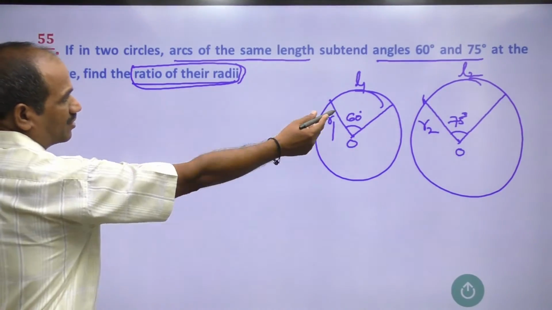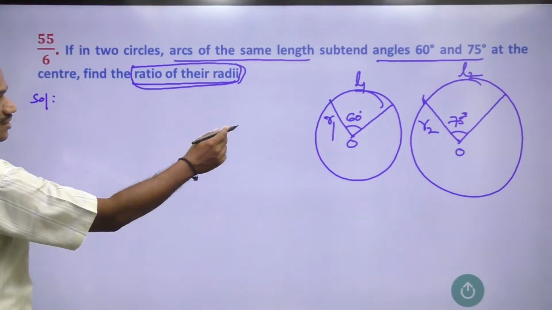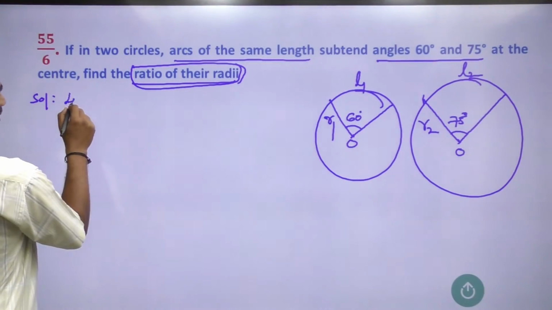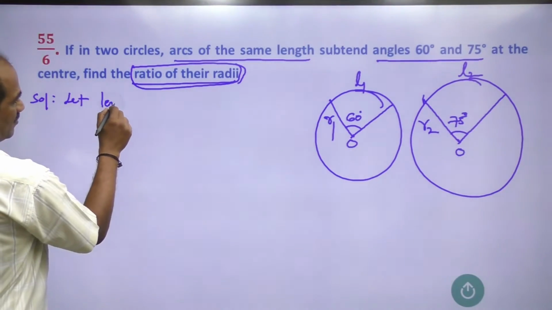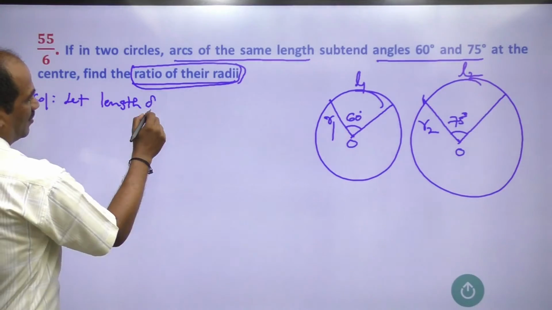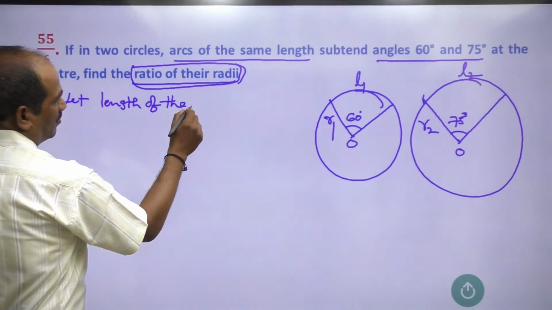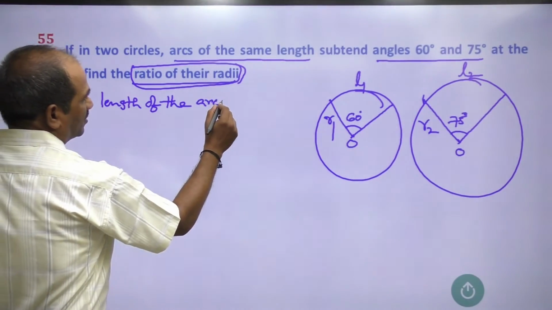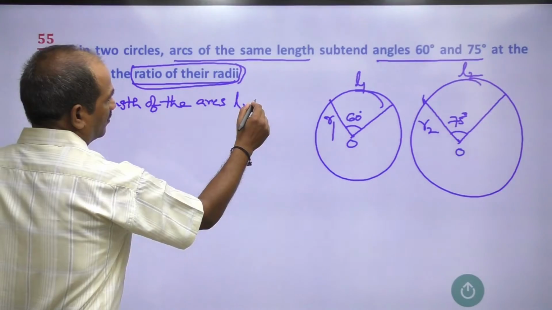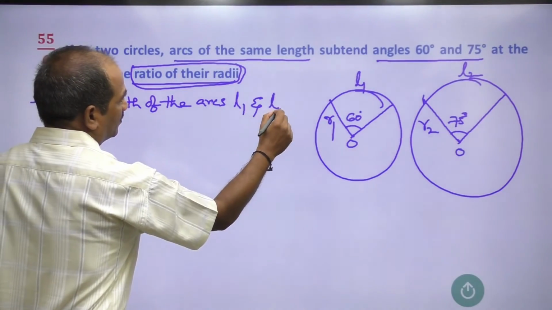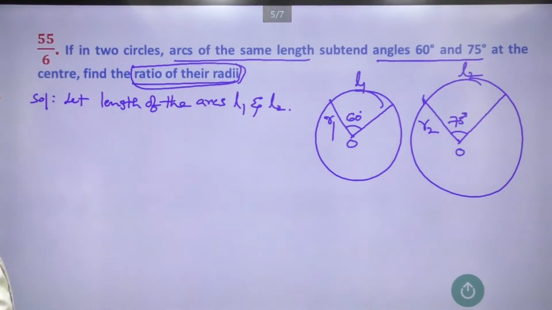Let the lengths of the arcs be L1 and L2.